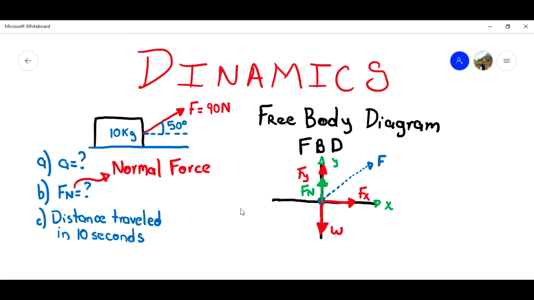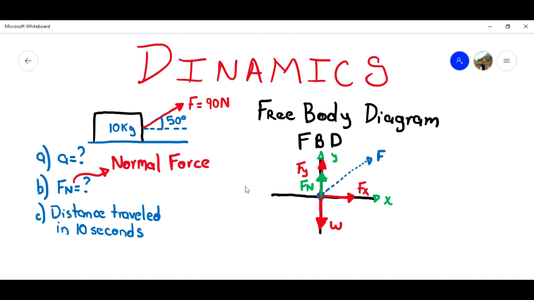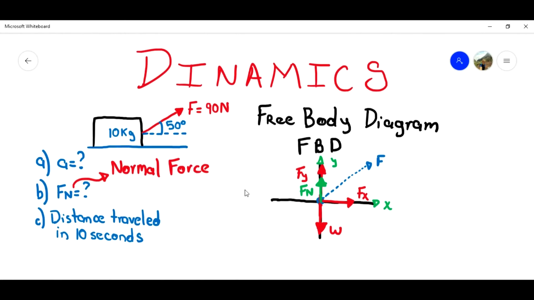Now, what is the definition of the normal force? The normal force is just like a reaction force. Just like the Newton's third law, every action force has a reaction force. So when you hit the wall, it hits you back. That's why it hurts. And that is exactly the case. There is a force that pulls you to the center of the earth, that is the weight.